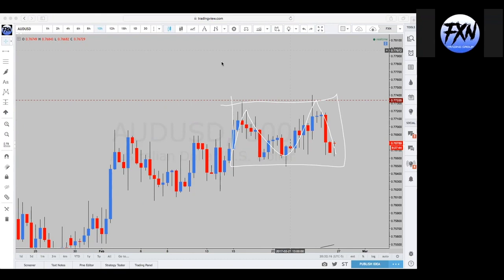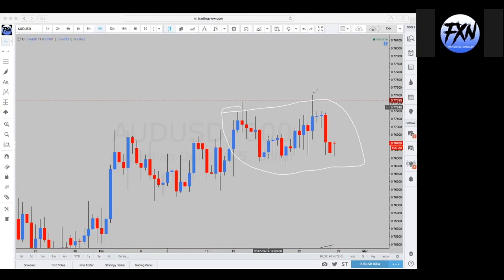Okay. The only thing that you could potentially do in this area is try to scalp this area here on a very lower time frame, like a 30-minute, hour, or 15-minute time frame. Okay. That's probably going to be your best bet if you're really intent on trading this area. I am not interested in trading this area.